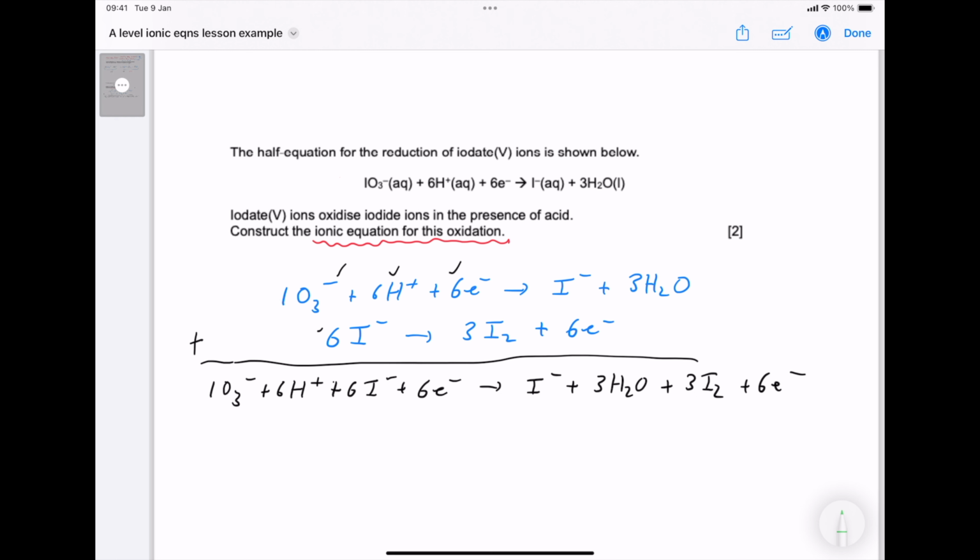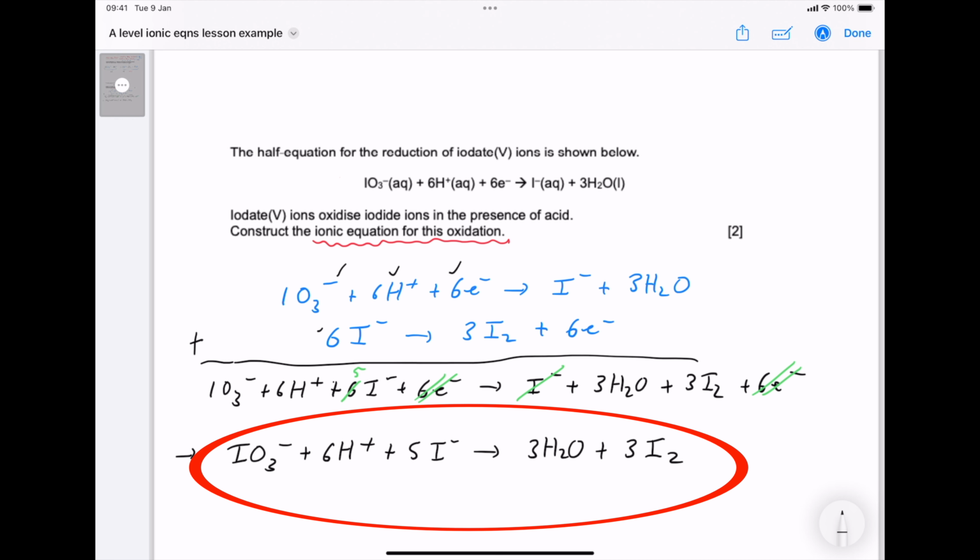I know the electrons are going to cancel out because I made 6 electrons previously. The next thing is I can see there's an I minus on the right-hand side and there's a 6 I minus on the left, so I can cancel one of them with the 6. So that's going to become 5. And a quick check shows there's nothing left there to cancel. So the final answer will be, and that's it.